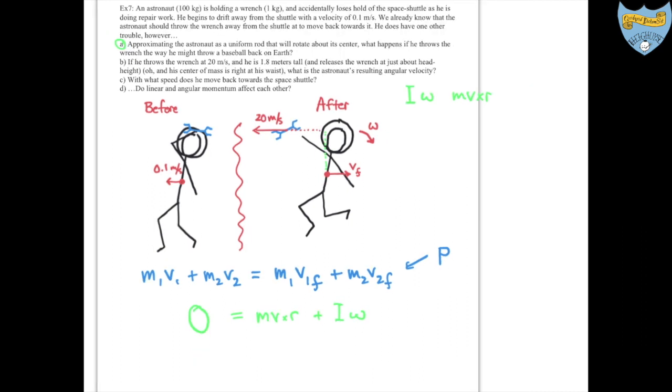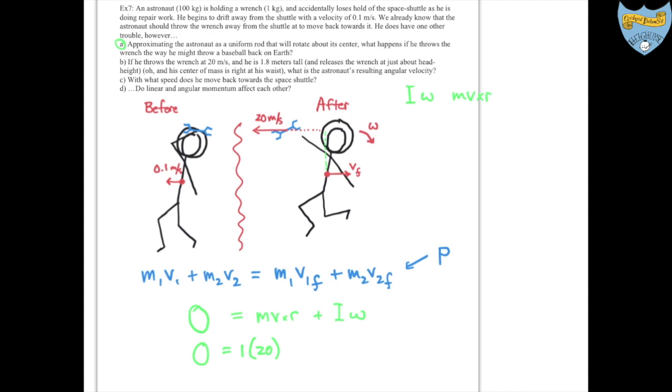All right, well, part B wants to know about his angular velocity after he throws the wrench. So let's put in the relevant quantities. We said initially no angular momentum. Afterwards, the wrench is 1 kilogram. He throws it at 20 meters per second. Okay?